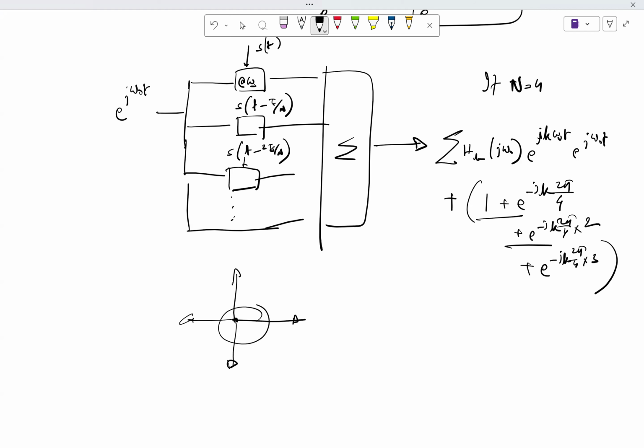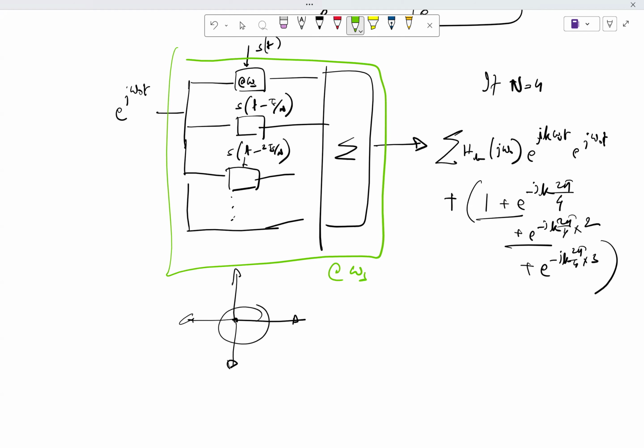So by doing all this addition, what are you seeing? What is at the output? This entire thing is still an LPTV system varying at omega s, right? There is only one clock. The clocks are just shifted with respect to each other, but the fundamental frequency of all the clocks is the same.